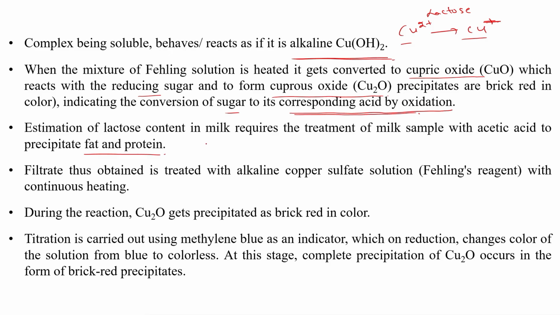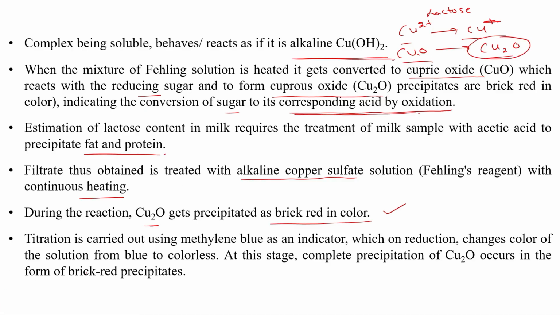We can use 10% TCA or acetic acid to precipitate. The filtrate thus obtained is treated with alkaline copper sulfate solution, Fehling solution, taken in a flask with continuous heating, and during the reaction cuprous oxide gets precipitated, brick red in color. So the endpoint of titration is cuprous oxide. The cupric form is getting converted to the cuprous form, which is brick red in color.